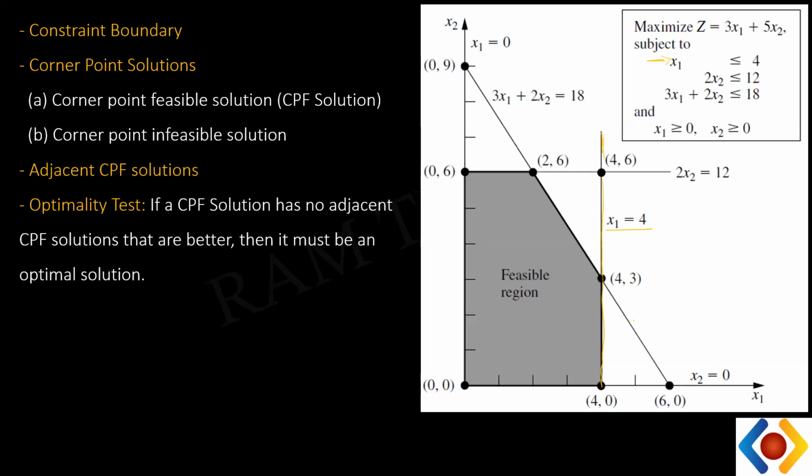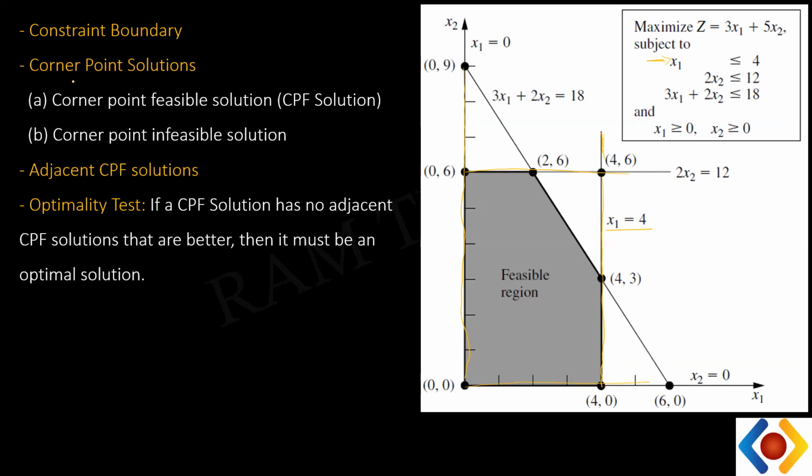Are you all understanding this? Yes, sir. Similarly, for the constraint 2X2 less than or equal to 12, this is the constraint boundary. These are all constraint boundaries. They may or may not be in the feasible region, but these are all constraint boundaries. Now the next point, corner point solution.